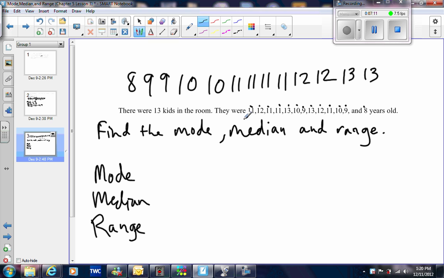Okay, so now looking at mode, which one happens more than any other one? Looks like 11 happened more than any other one. So 11 would be the one that happened the most, which is the mode. The median is the one that is right in the middle of an ordered data set. So as I cross off, and you don't have to cross off like this if you don't want to, I just know that some kids really like to do it this way.